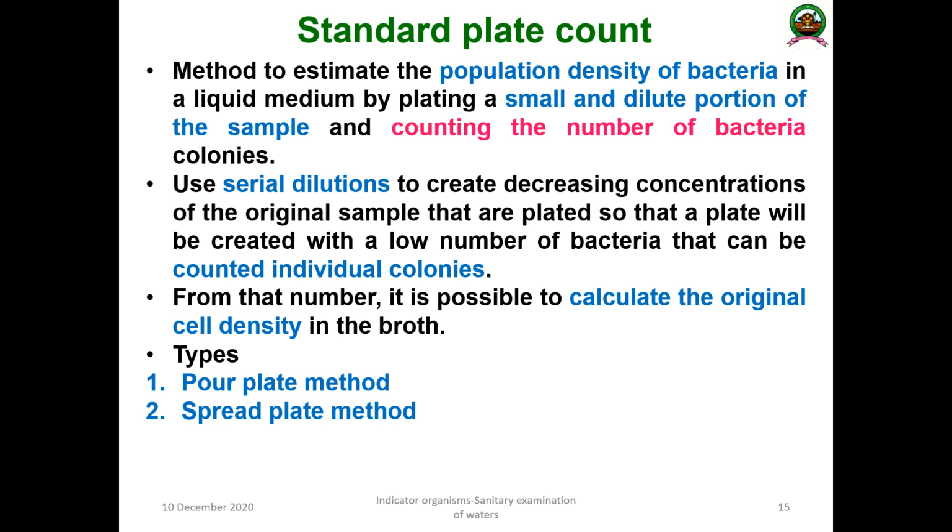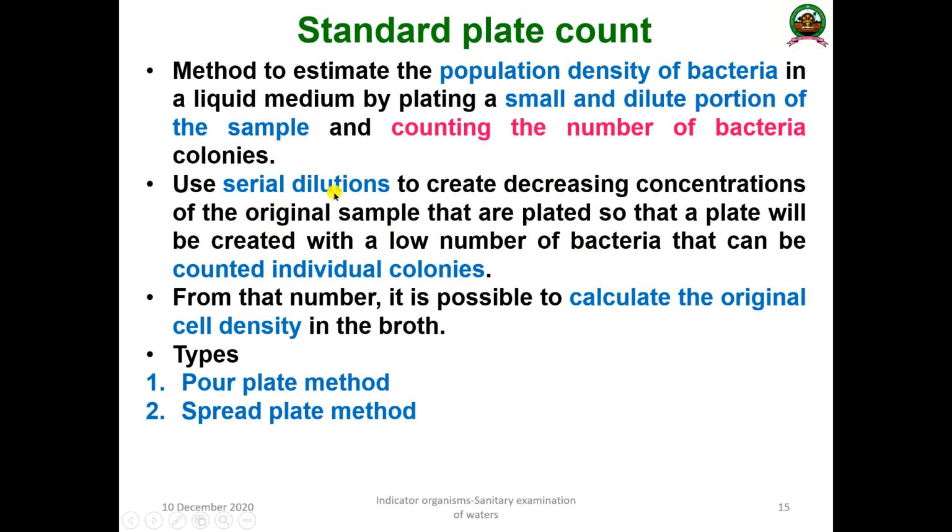The next one is known as standard plate count, another important method. This method is used to estimate the population density of bacteria in a liquid medium by plating a small, dilute portion of the sample and counting the number of bacterial colonies. It is one of the simplest methods. We serially dilute the sample, then count the bacteria.